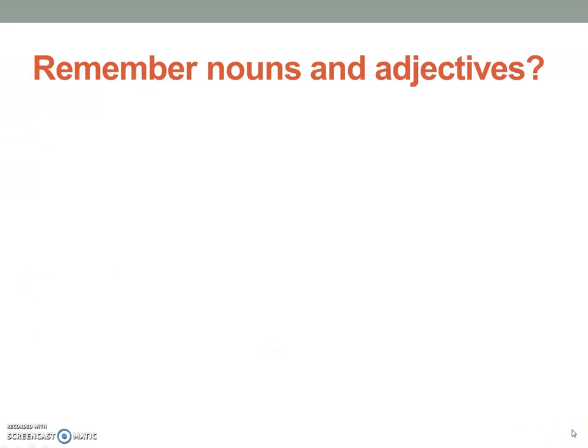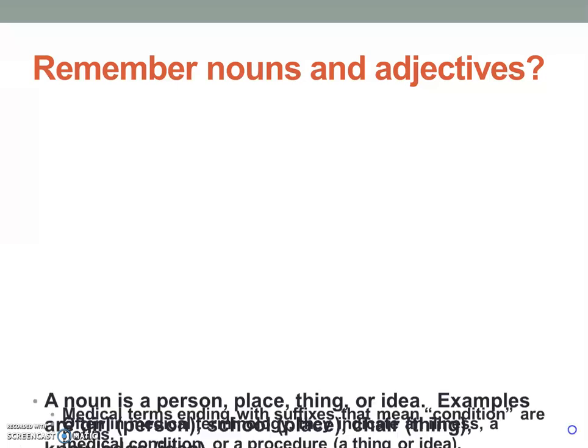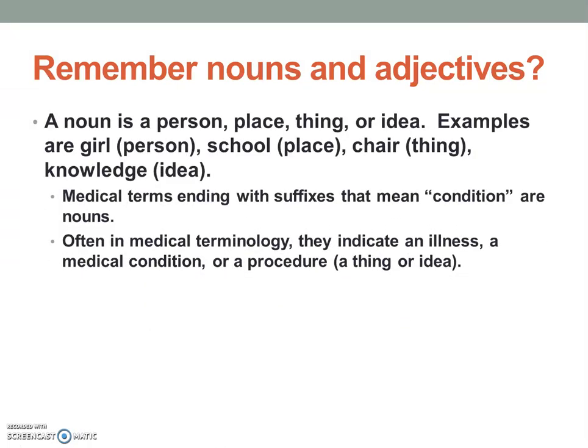So remember those nouns and adjectives you learned about way back in grade school? Well, a noun is a person, place, thing, or idea. Examples are girl, person, school, place, chair, thing, knowledge, idea. Medical terms ending with suffixes that mean condition are nouns.